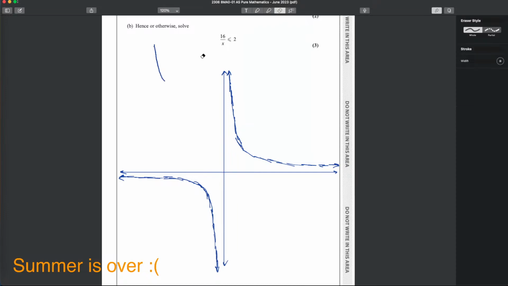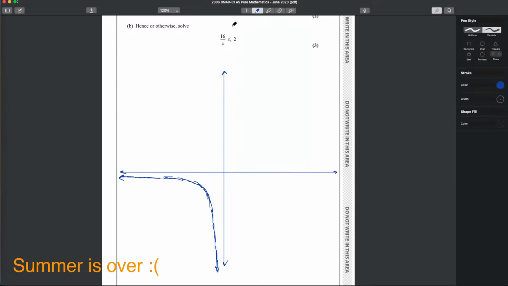Actually, let's give it another go. So it looks nice. Let's give this another go. Why does that happen? I don't know why it's doing that, going all wonky.